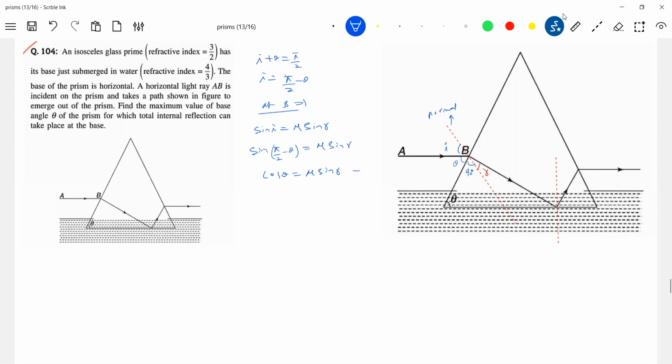Okay, I kept this equation. Mu is 3 by 2. Let me write that. Keep it as equation 1. Now get into this one.